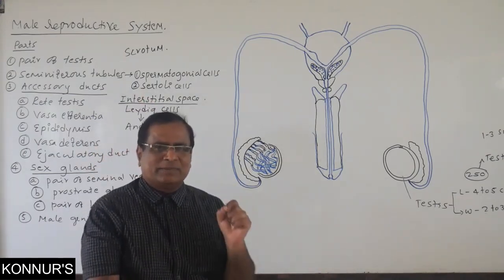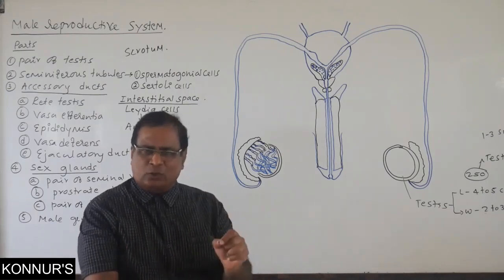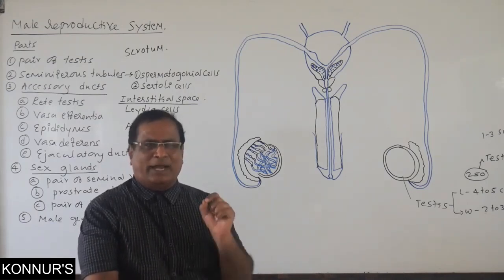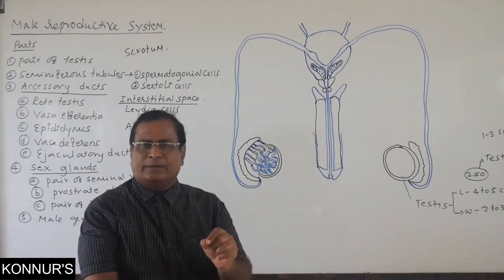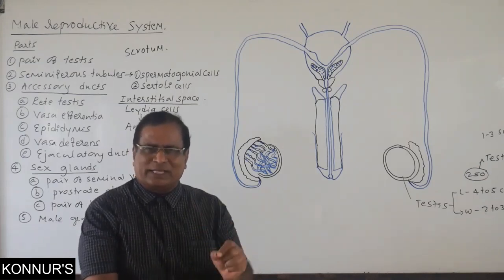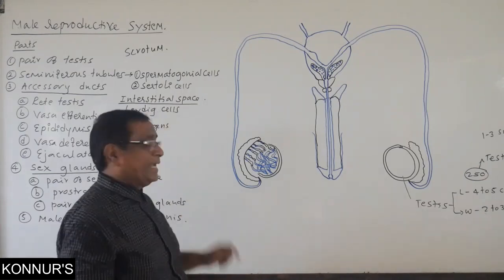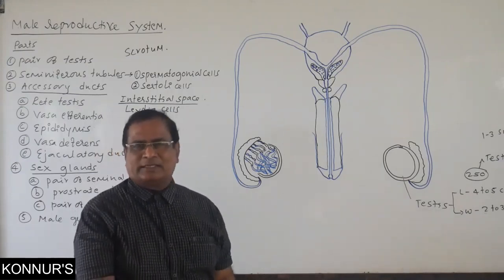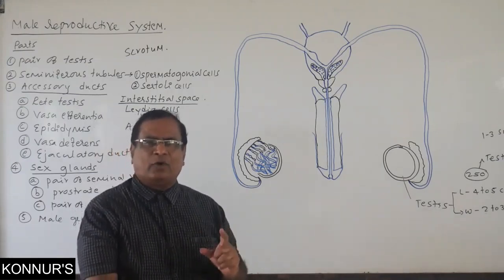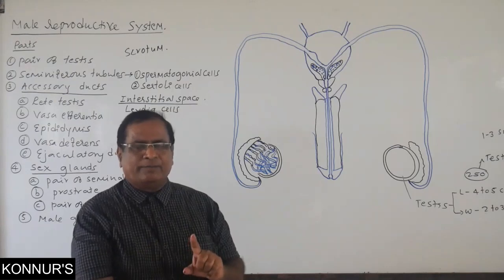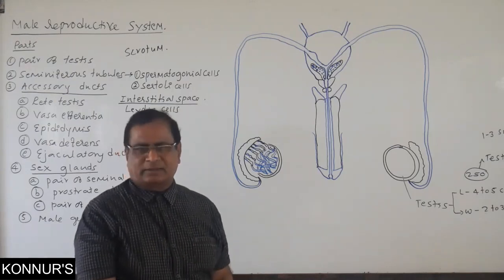One is germ cells, like spermatogonial cells, which are meant for the production of sperms during spermatogenesis. And second is Sertoli cells. They are meant for the nourishment of germ cells.